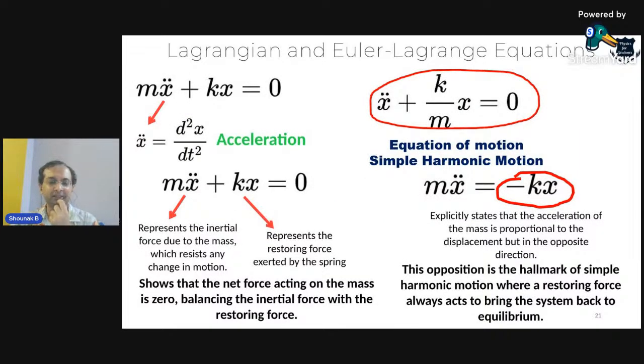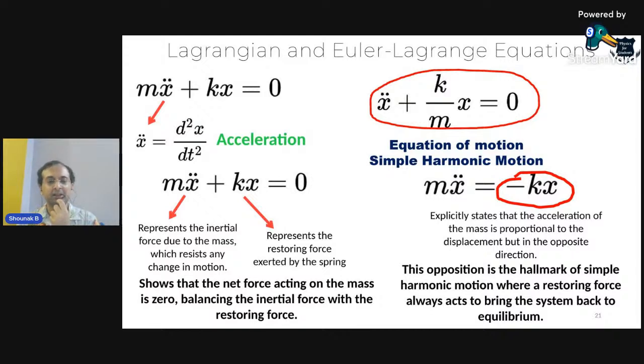Here you can see that this x double dot is basically nothing but the acceleration. And from here, what we get is that m x double dot actually represents the inertial force. And in the differential equation, this tells us that the acceleration x double dot of the mass is proportional to the displacement.